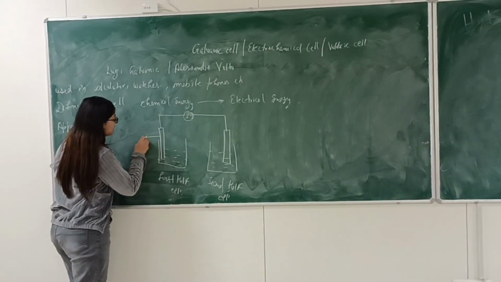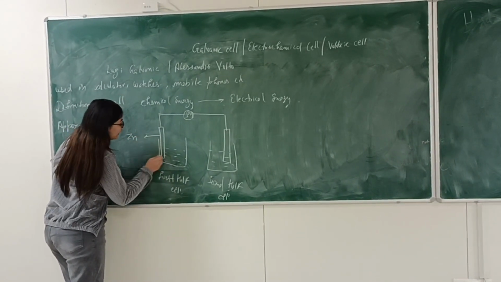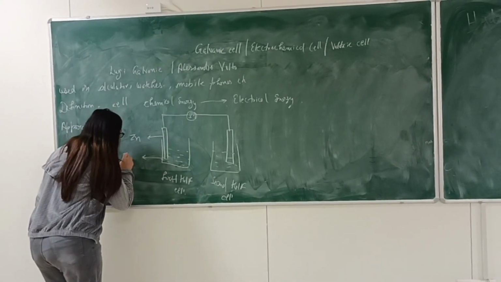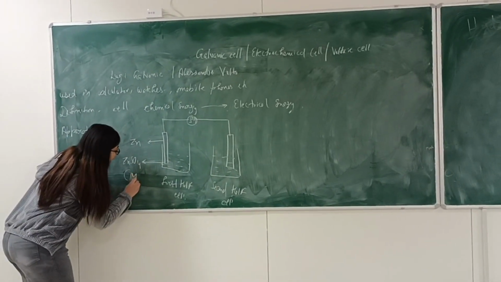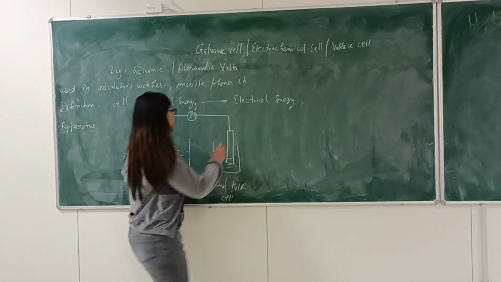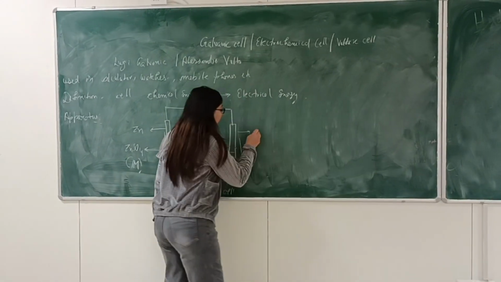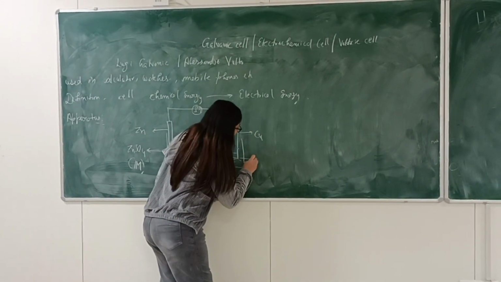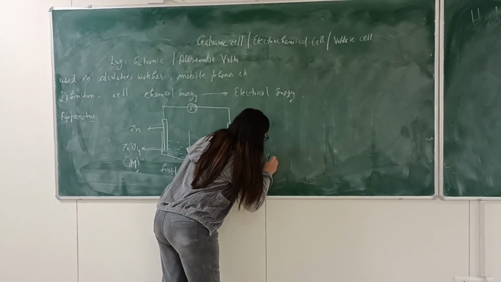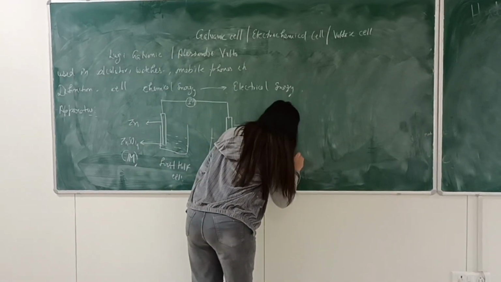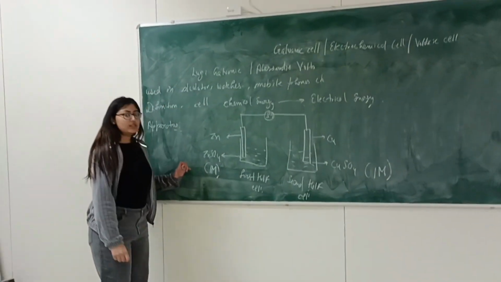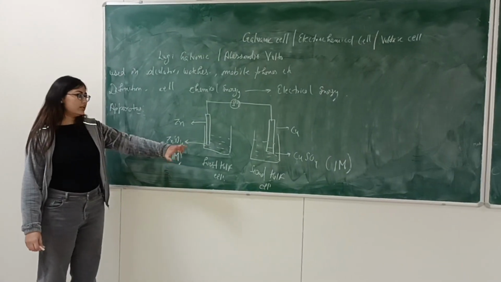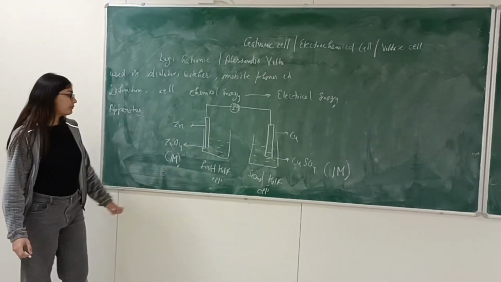This is the zinc electrode, and here is the zinc sulfate solution of 1 molar, and here is the copper electrode, and this is the copper sulfate solution of 1 molar. As we are discussing the standard conditions here, I have taken the 1 molar solution and the room temperature.